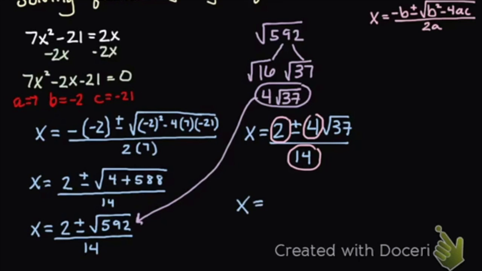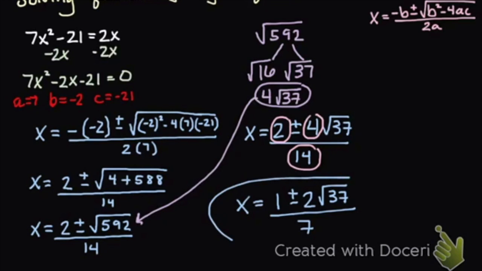So we have x equals 2 divided by 2 is 1, plus or minus 4 divided by 2 is 2. We keep that square root of 37. It's all divided by 14 divided by 2 is 7. So our final answer is x equals 1 plus or minus 2 square roots of 37 all over 7.